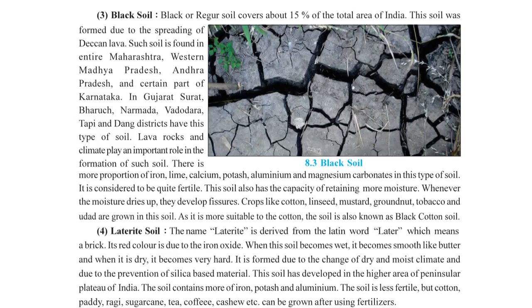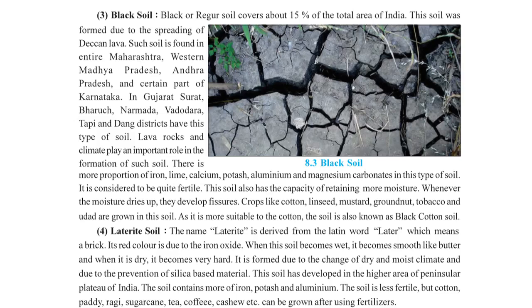It is formed due to the alternation of dry and moist climate and due to the leaching of silica-based material. This soil has developed in the higher area of the peninsular plateau of India, that is, towards the southern part of India. The soil contains more iron, potash and aluminum elements.